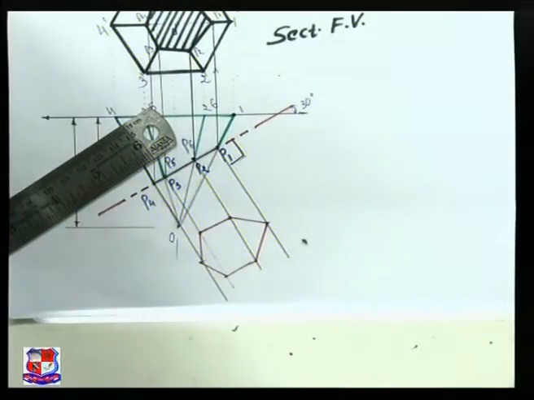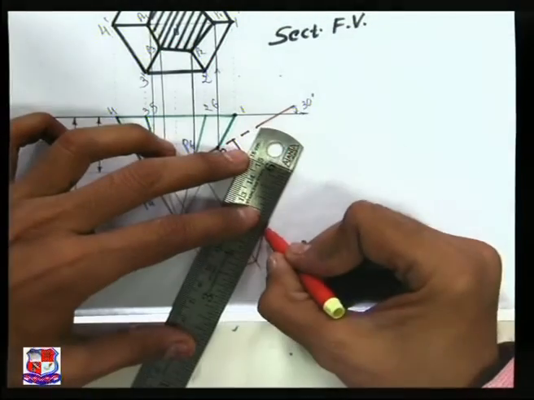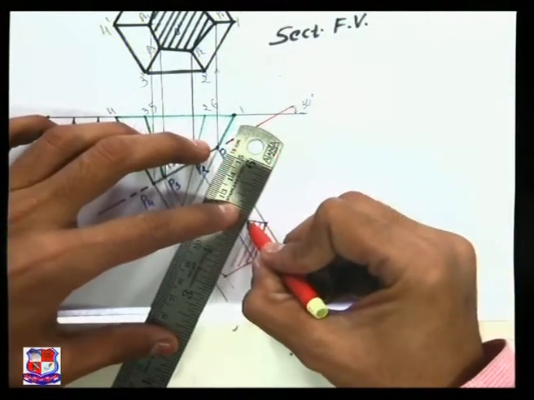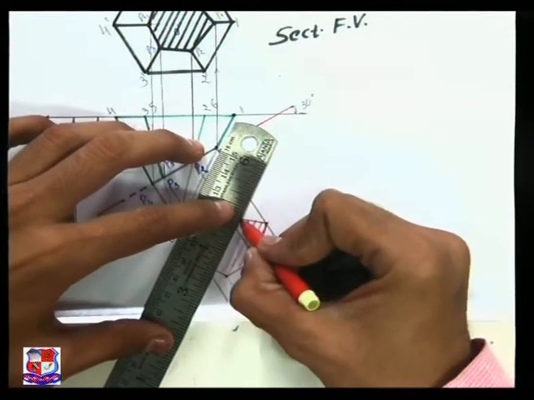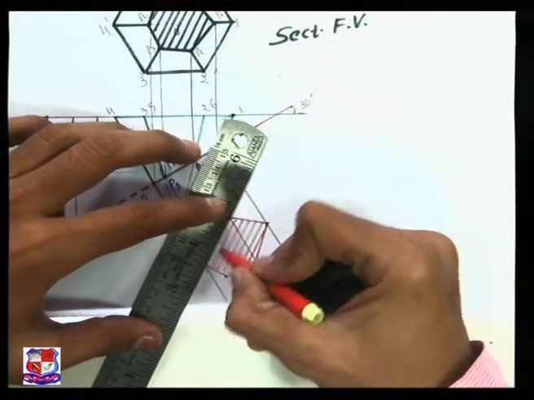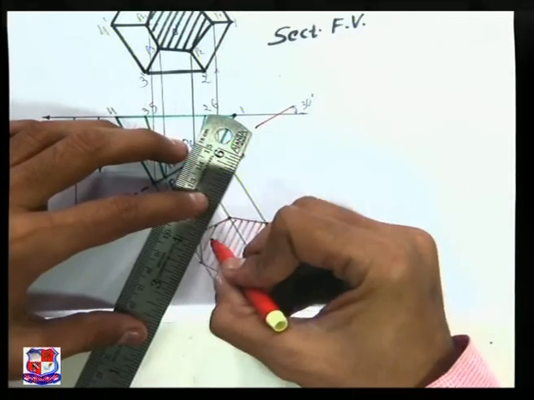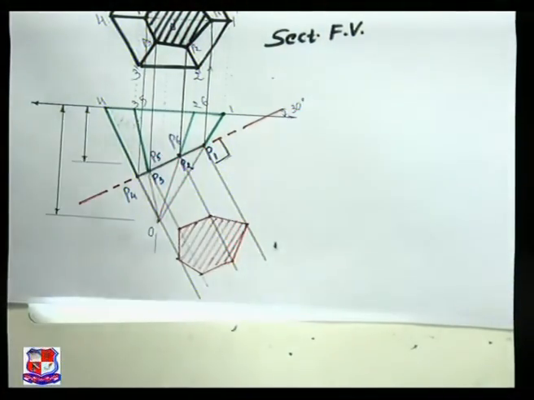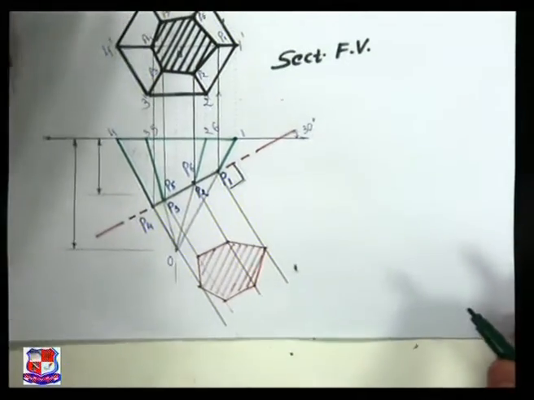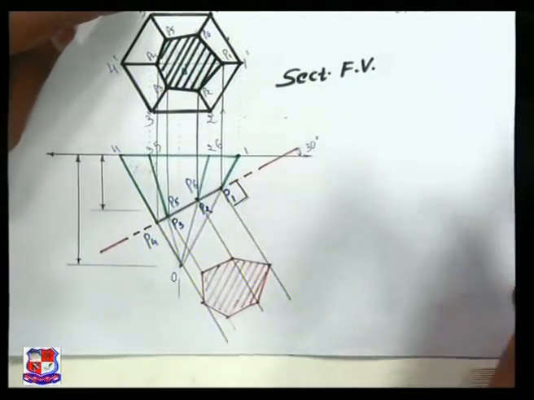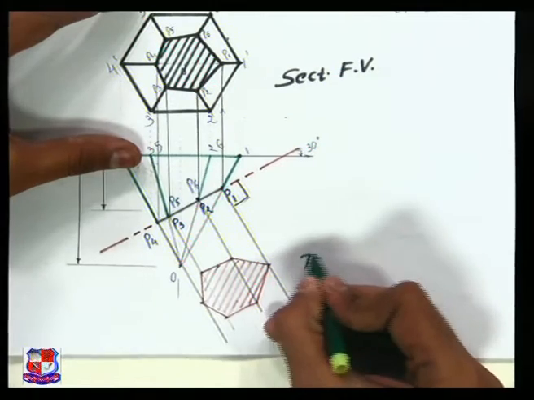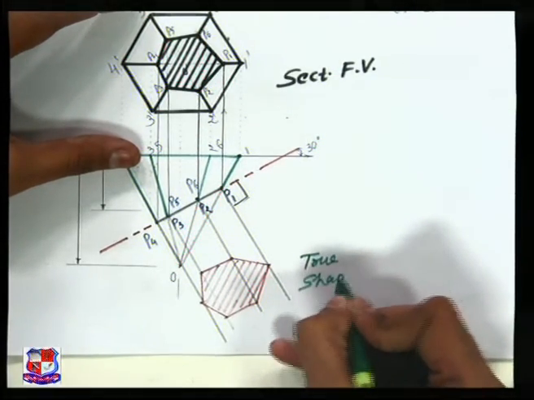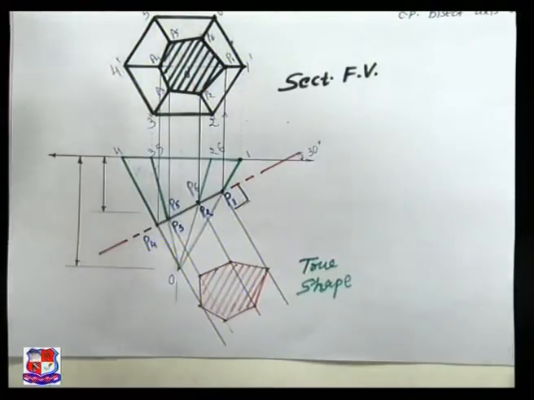And in this true shape you have to draw the section lines at an angle of 45 degree with that cutting line. In examination you have to use the dark pencil and light pencil. It's a true shape irregular hexagon.